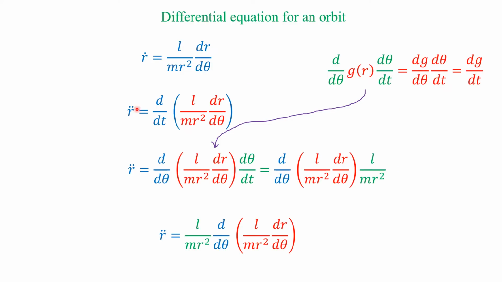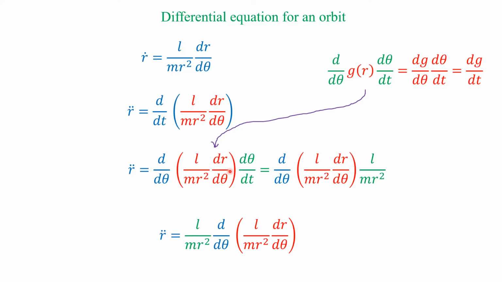Here g of r is this red colored term, L over m r squared dr over d theta, which I am calling g of r, some arbitrary function.